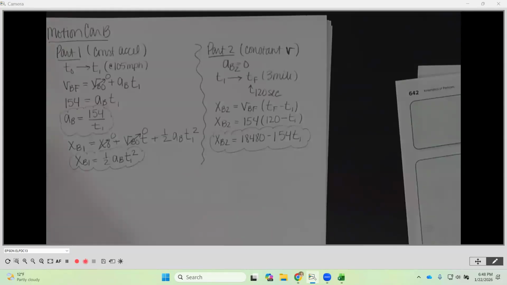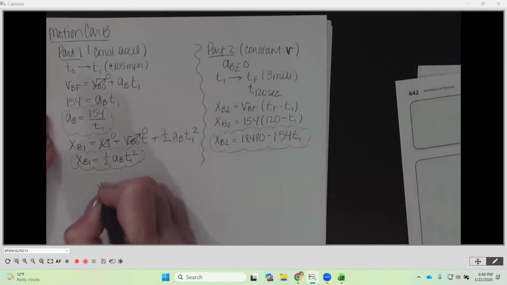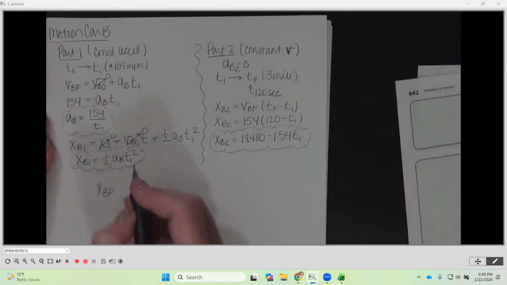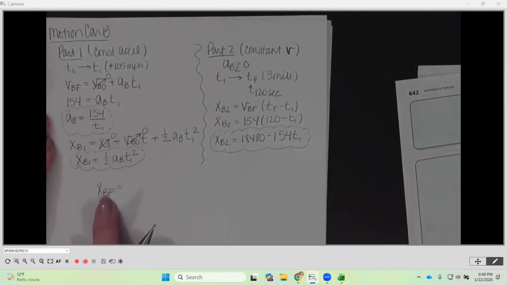All right, so now what we're going to do is we're going to say, okay, XBF, I'm sorry, XBF is going to be the position, the final position of the police car and our car. That's that 3 mile mark. Okay, that's the 3 mile mark.